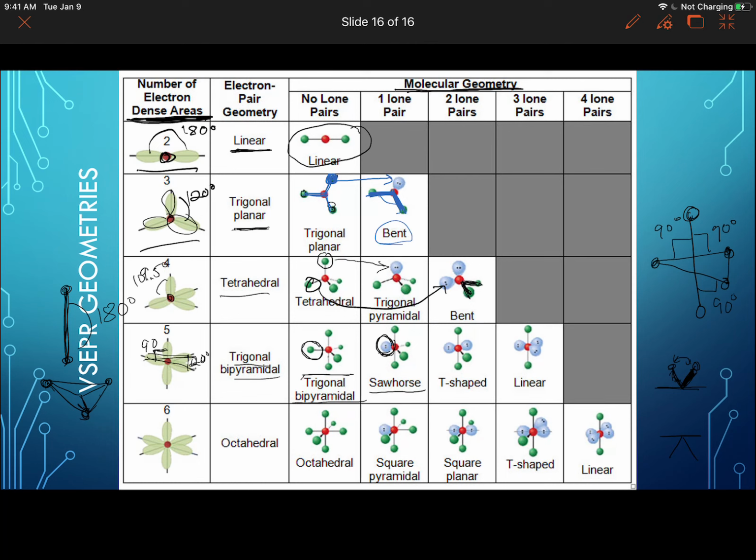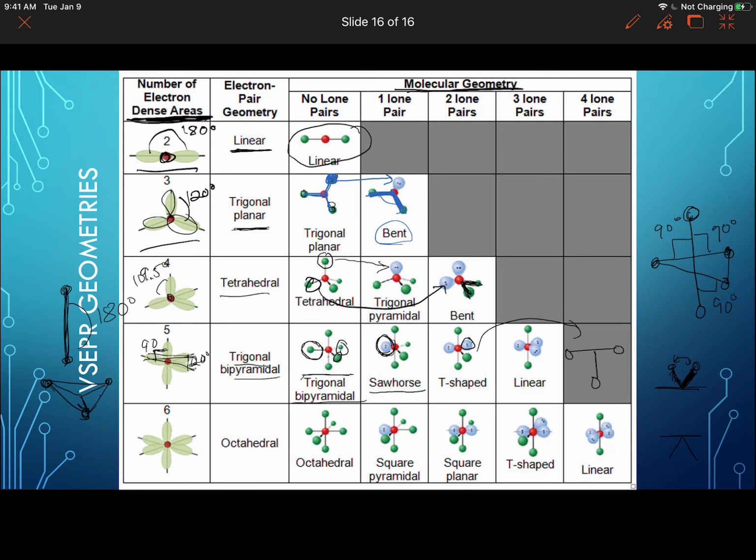Okay, our next one, we remove another atom and replace it with a lone pair. We get what's called a T-shape, and the easiest way to see this T-shape is to kind of move this structure a little bit, and it'll actually look like this. So our two axial positions and then the one remaining equatorial position.